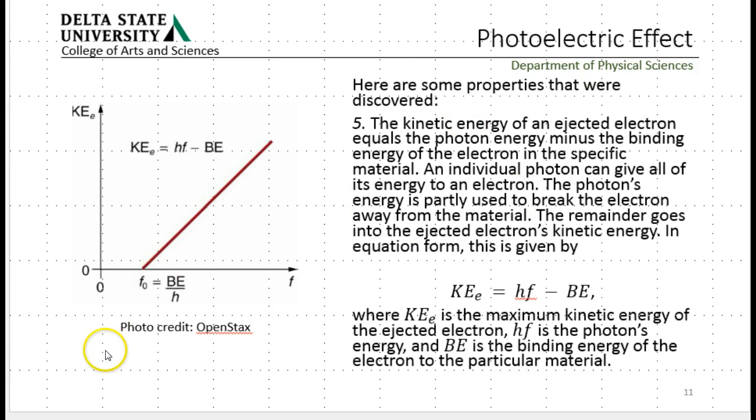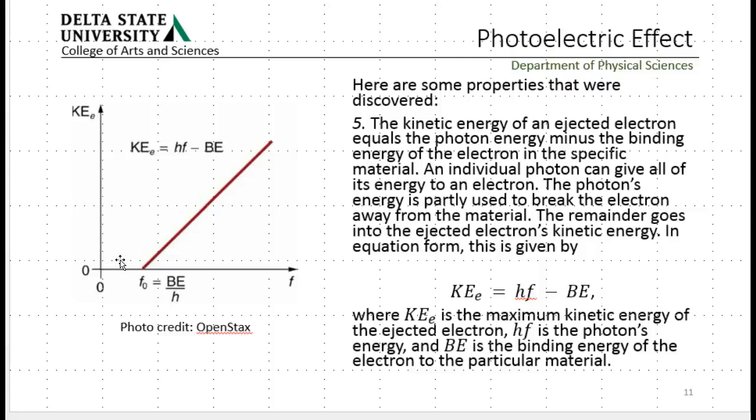Finally, this threshold frequency is in fact due to a binding energy of the electron to whatever material we're kicking it out of. So the electron is bound to the material. If it wasn't bound to the material, they'd just take off on their own all the time anyway.